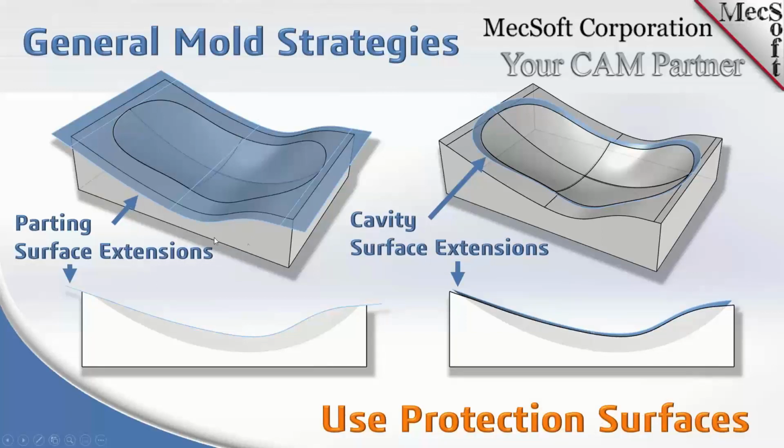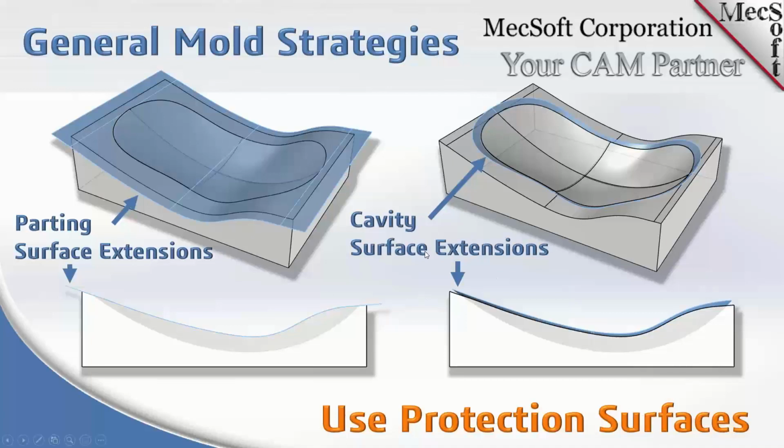So here on the parting surface, you see that it extends out past the mold on each side. These are not complex to create, and I'm going to show you how to create them in Rhino. And Rhino is the best product to use, in my opinion, for injection molding, especially for the surface modeling that you're going to need.